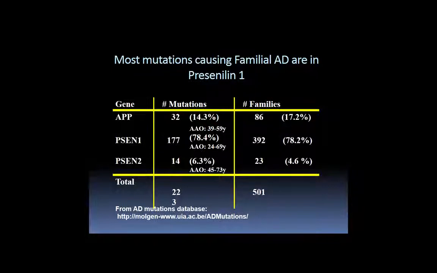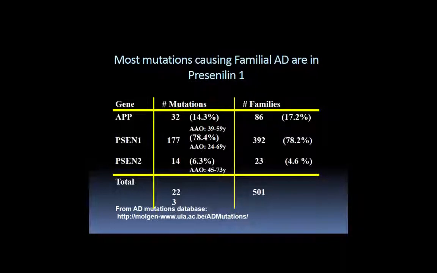Now that those genes have been cloned for about 20 years, we have a pretty good idea about what proportion of these autosomal dominant families are caused by mutations in different genes. What you can see here is that by far the most common gene to be mutated is presenilin 1.